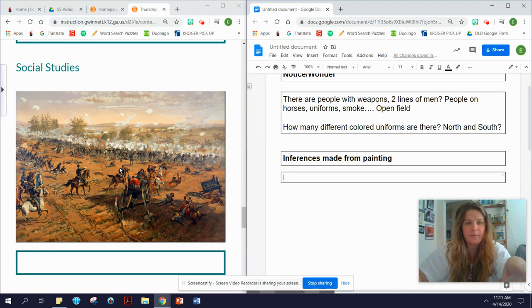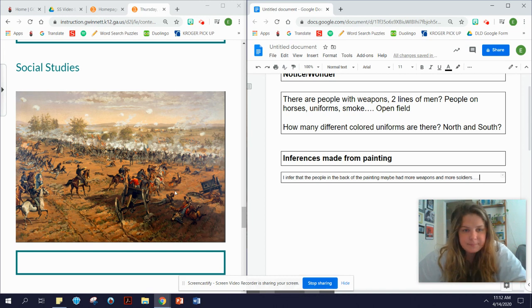I infer that the people in the back of the painting maybe had more weapons and more soldiers. Just from looking at this picture, those are some things that I'm wondering and inferring.